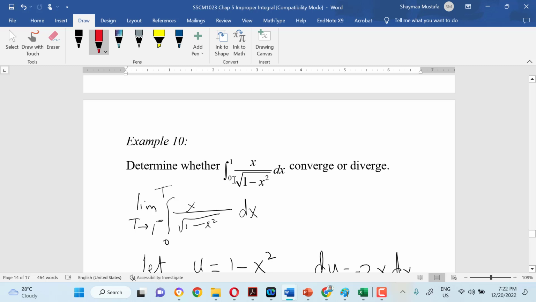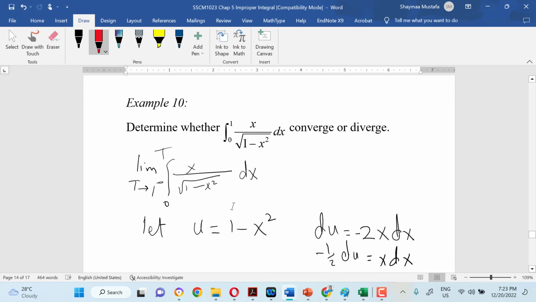At 1, the denominator will become 0. So I have a problem at 1, and I have to take the limit. I will replace 1 by t, take the limit when t goes to 1 from the left, and evaluate the integral.